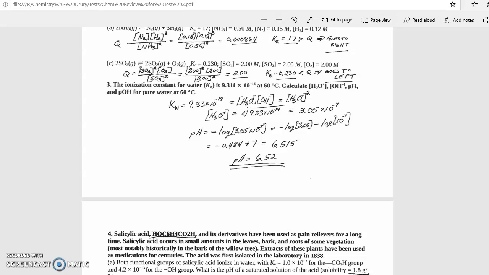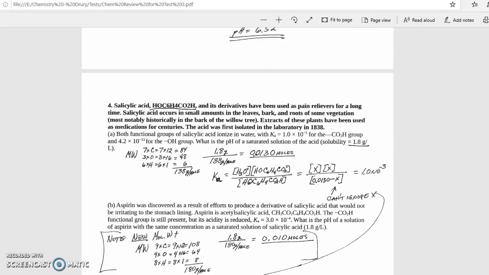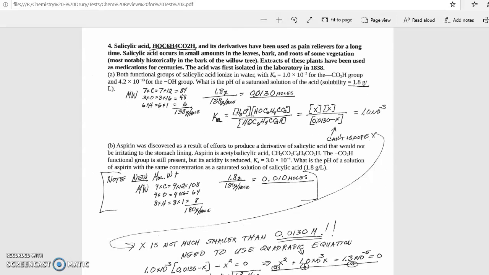Now this next one, nobody got this one right. Nobody. Okay? And it's for a couple of different reasons. First of all, on this one right here, you were given the molecular formula, you were given the Ka, you were given the formulas for the groups.